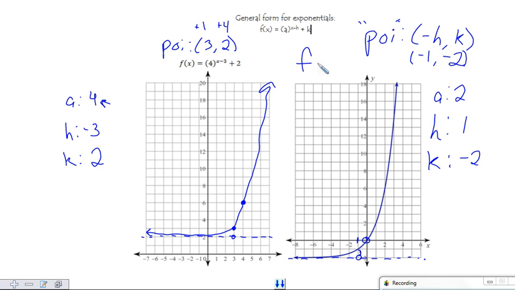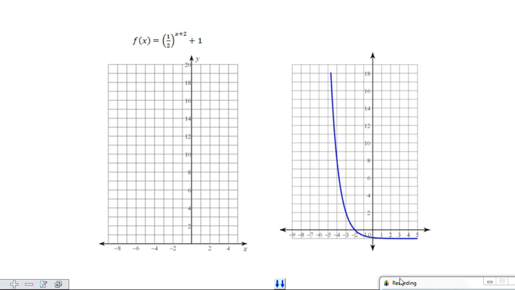And then we have to write it as a function. So A is 2, to the x plus 1 as an exponent, and then -2 as the constant. Okay? Let's try one more. So what if it's a fraction? What if it's a decay instead of a growth? Okay, so same deal.